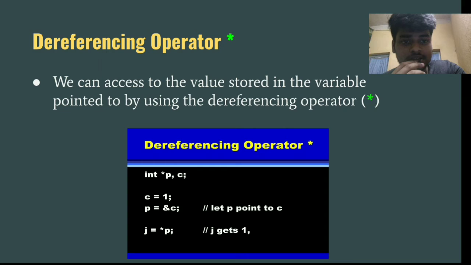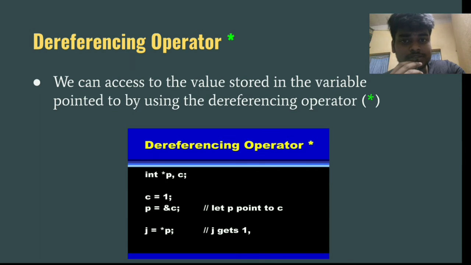Here we declare a pointer type variable star p and a normal variable c, and we declare c equal to 1 and p equal to ampersand c. Ampersand here works as an address operator.